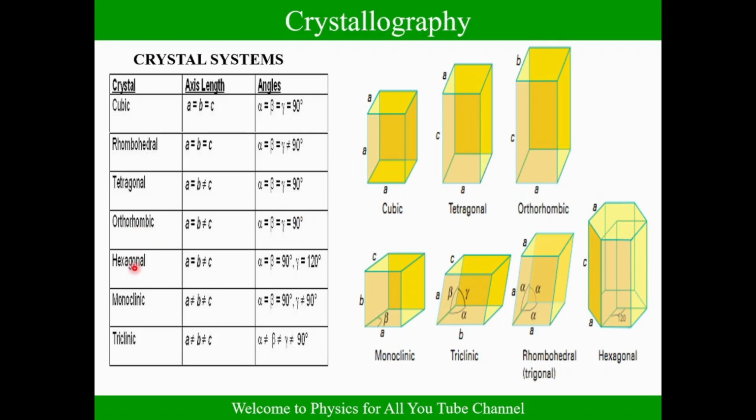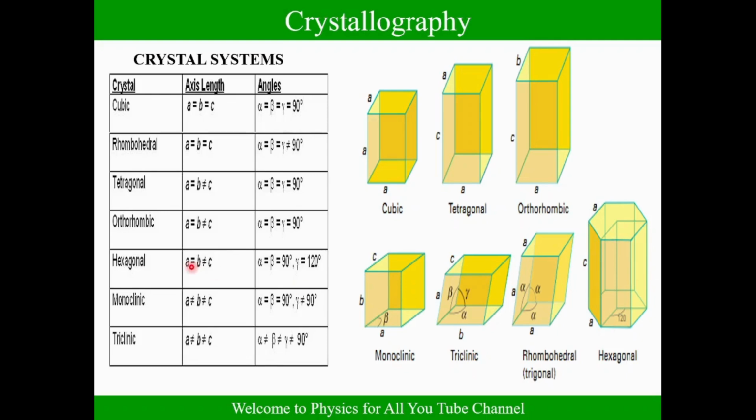Now the hexagonal crystal system means two sides are equal to each other and the third side is not equal to the first two lengths. Coming to the angles, any two angles are mutually perpendicular to each other and the third angle is equal to 120 degrees. Beside this table, we are already showing diagrams for each crystal system. You compare the shape of the crystal system and observe the diagonal.